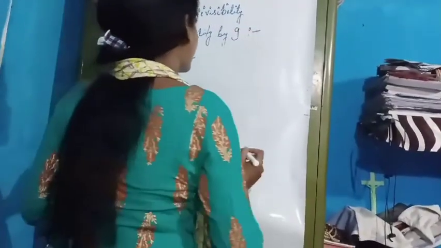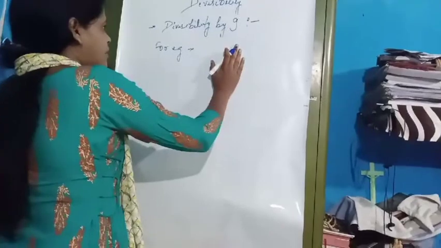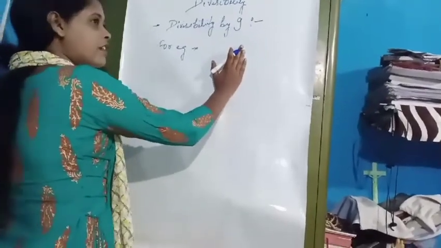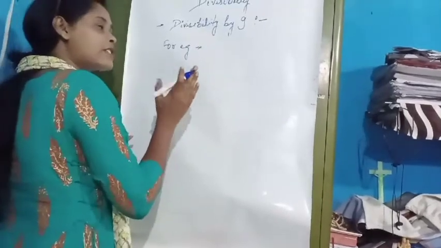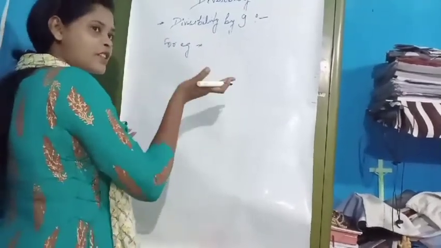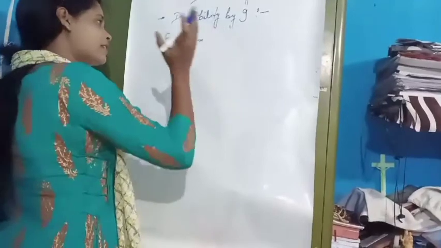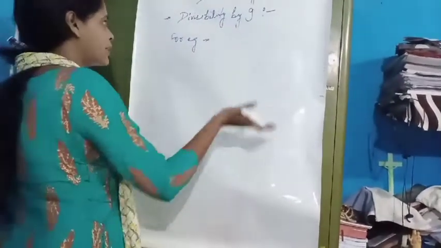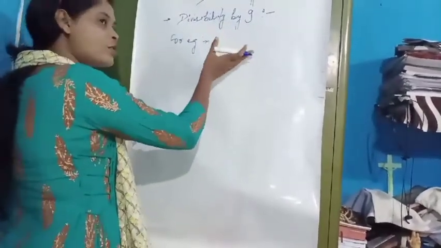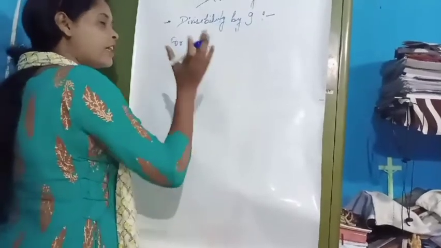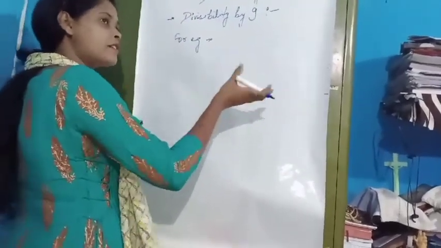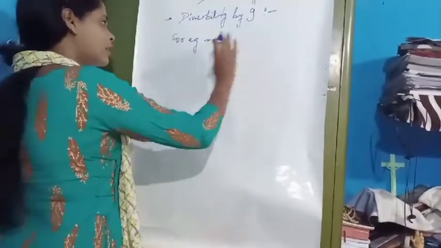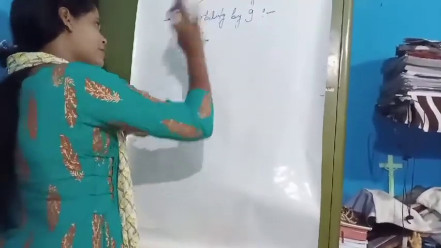Now let's see divisibility by 9. Just as in the case of divisibility by 3, where we saw that if the sum of the digits is divisible by 3 then the number is also divisible by 3, in this case also we find the sum of digits. Whatever value comes, if it is divisible by 9, then the number given in your question is also divisible by 9.